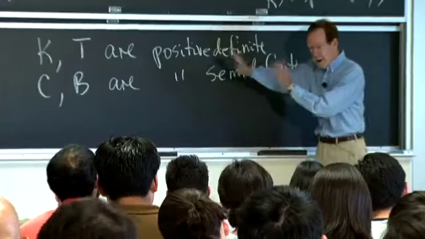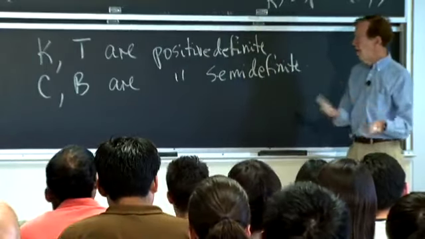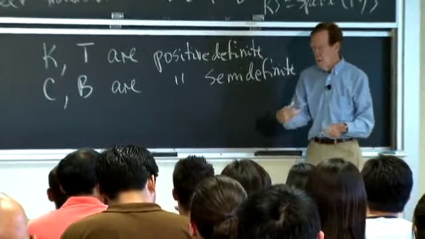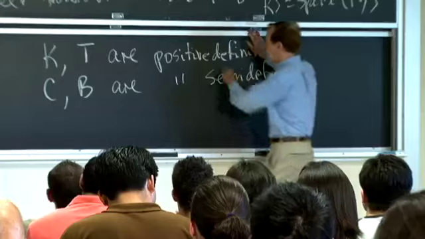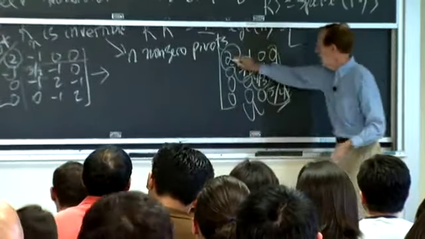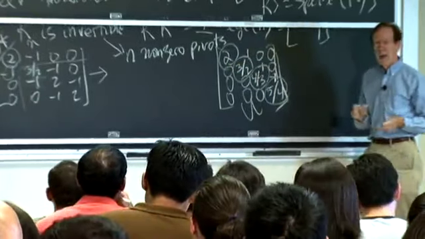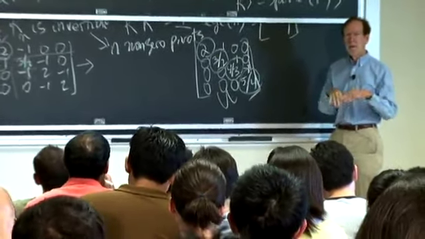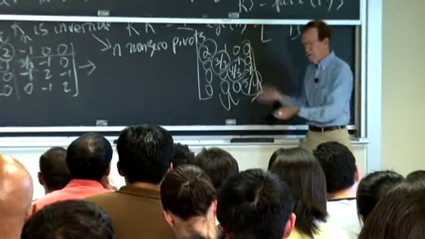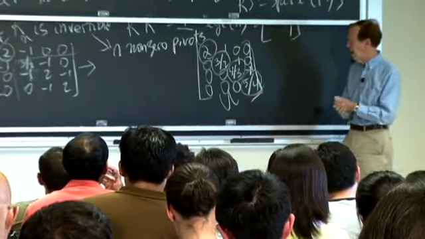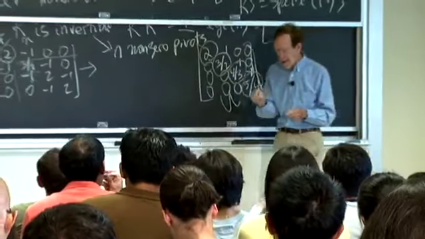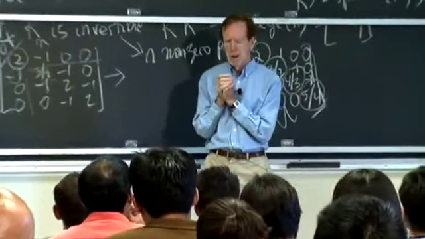Positive means greater than 0. And what is greater than 0 that we've already seen, and we'll say more? The pivots were. So if I have a symmetric matrix and the pivots are all positive, then that matrix is not only invertible, because I'm in good shape, the determinant isn't 0, I can go backwards and do everything. More than that, the matrix is positive definite.